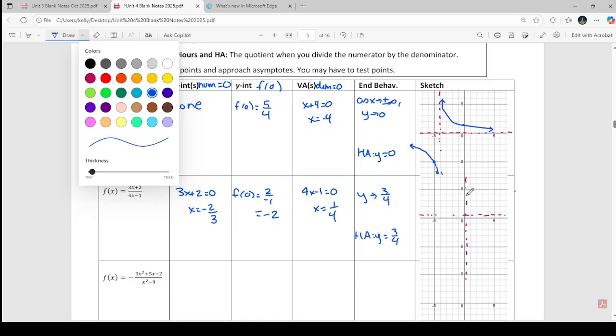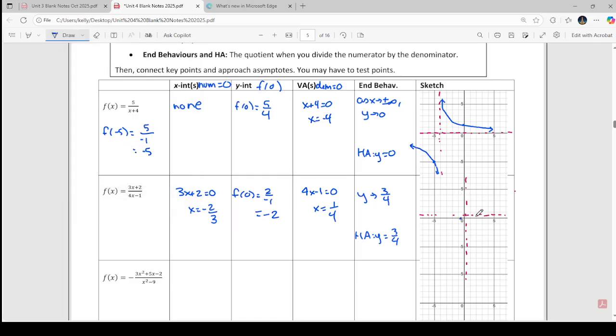An x-intercept of negative 2/3 and a y-intercept of negative 2, meaning we can approach our ends through these 2 points, not touching or crossing our vertical asymptote. Over here on the right, we don't have any points, but we cannot draw it below, because then we would cross the x-axis and there are no more x-intercepts. So the other shape will be over here.